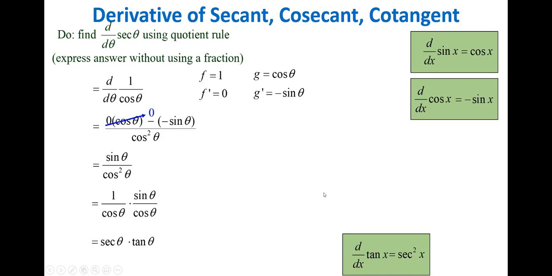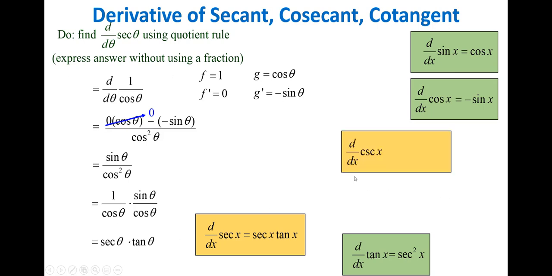So new box. The derivative with respect to x of secant of x is going to be secant of x times tangent of x. And now at this point, I'm not going to derive the other two. I'll just give them to you. The derivative of cosecant of x is negative cosecant of x times cotangent of x. And the derivative of cotangent of x is going to be negative cosecant squared of x.